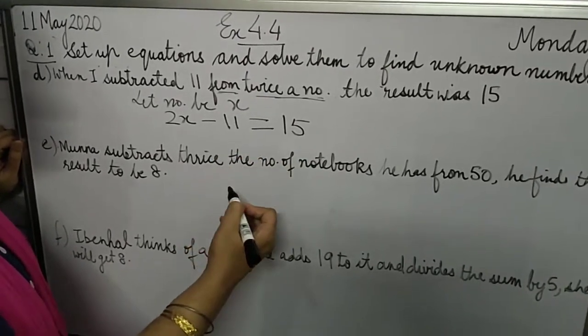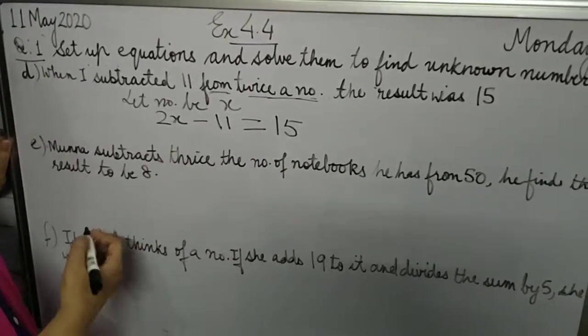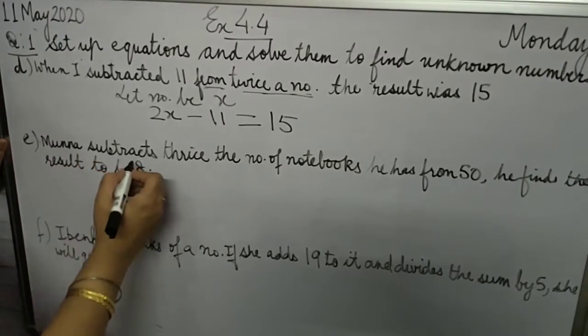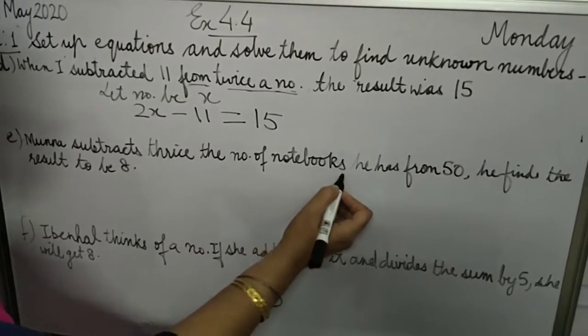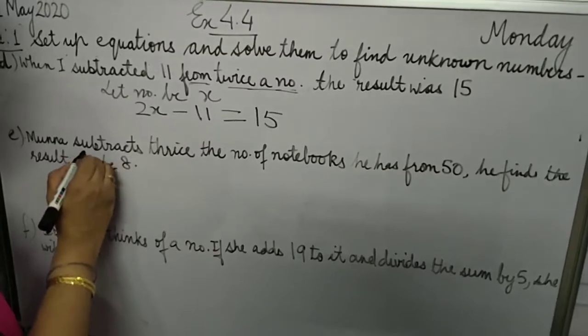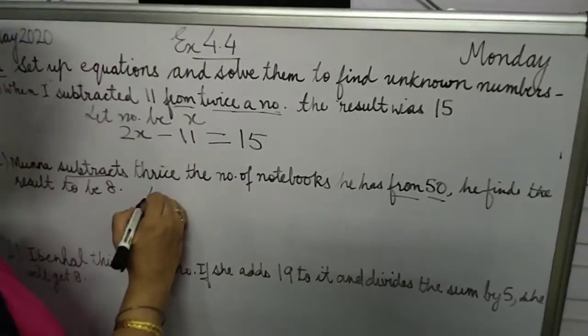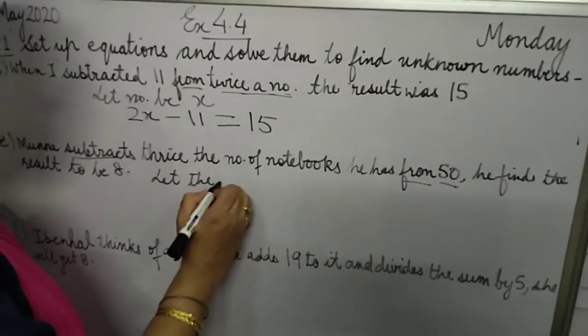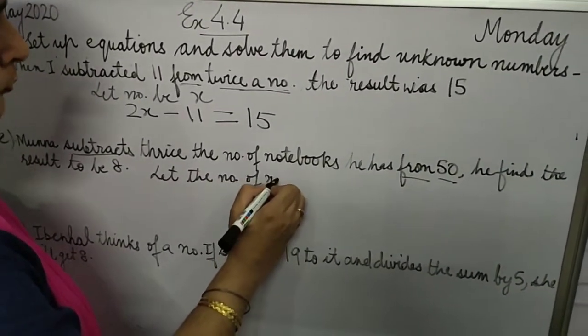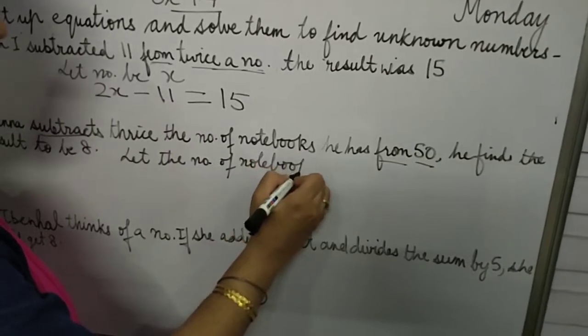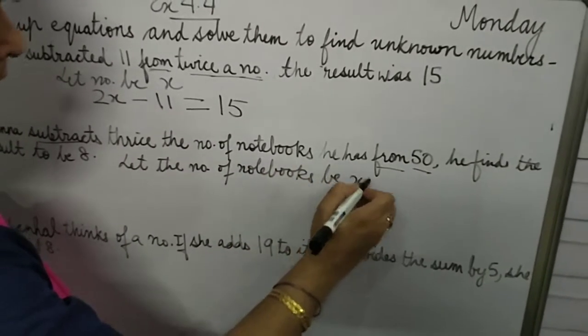Now you are to solve the equation yourself. E part: Munna subtracts thrice the number of notebooks he has from 50. Again there is subtraction and after from we have 50. So let the number of notebooks be x.